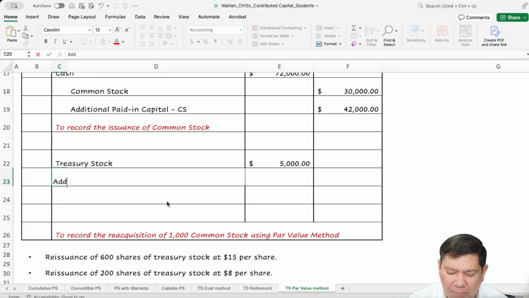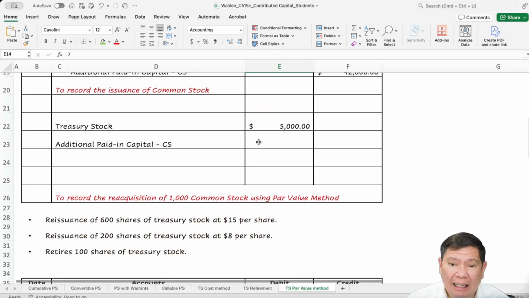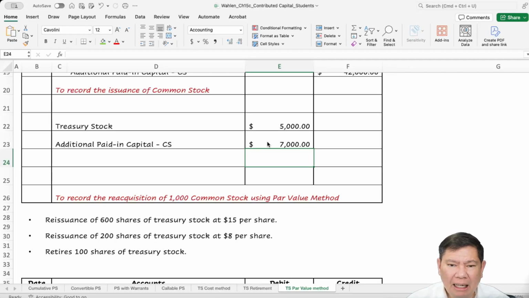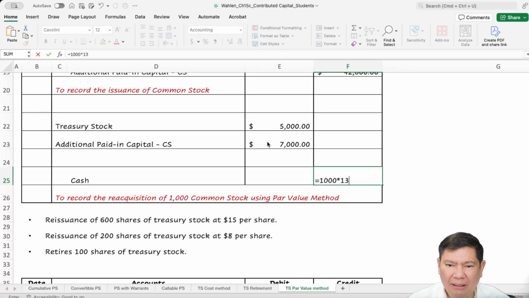Then additional paid-in capital from common stock will follow. The additional paid-in capital was $7 each, so 7 times 1,000 is $7,000.